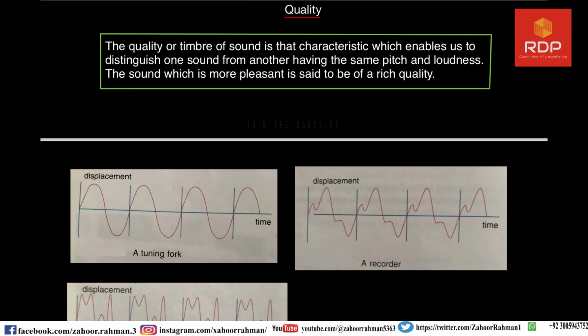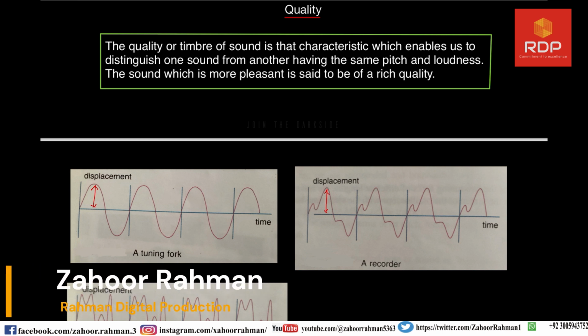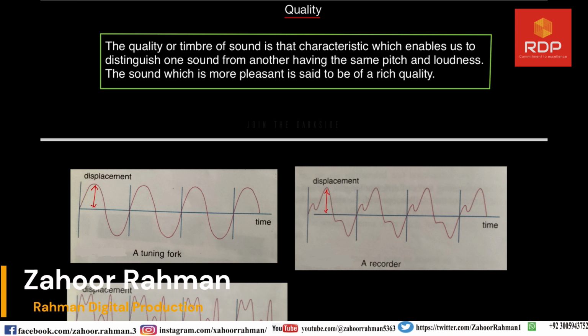Now, in the first two pictures, you can see that the amplitude of this and the amplitude of this sound is the same, and if you look at it, the waveform is different.